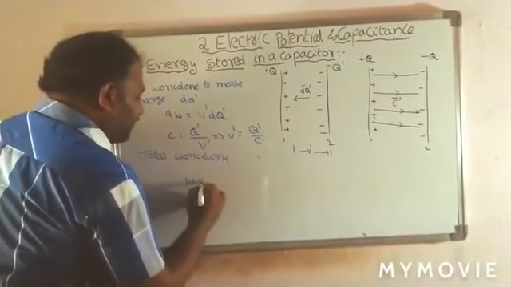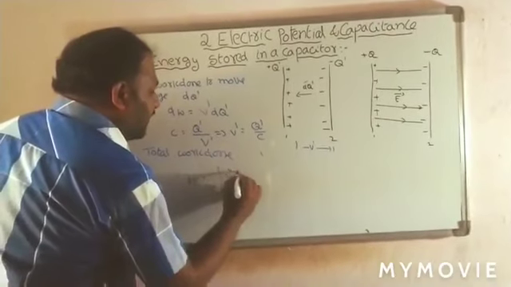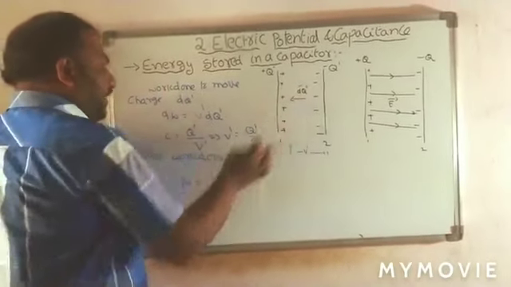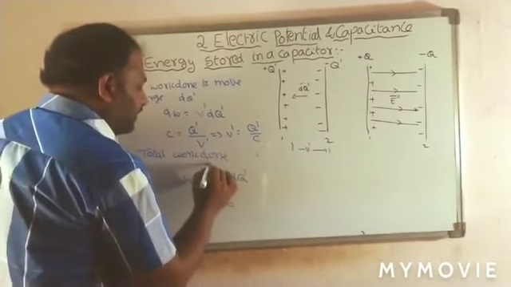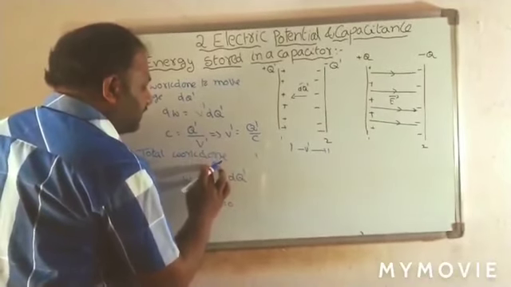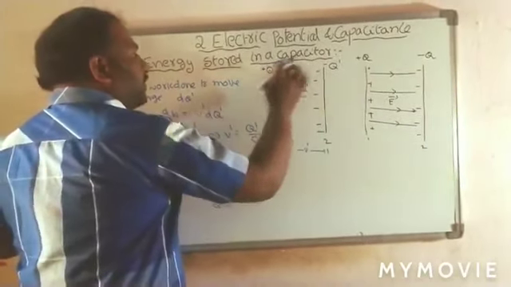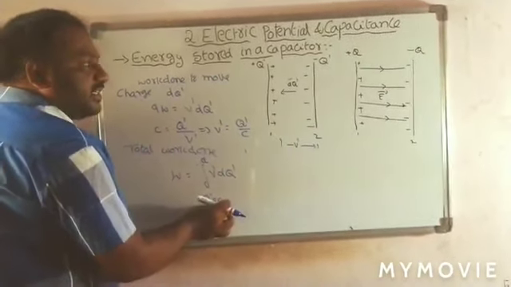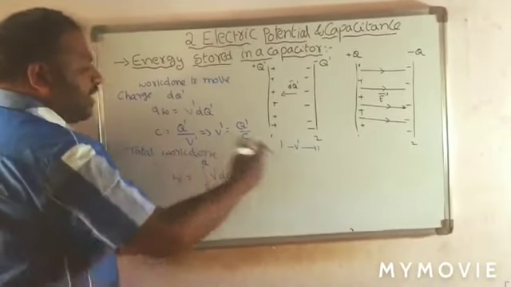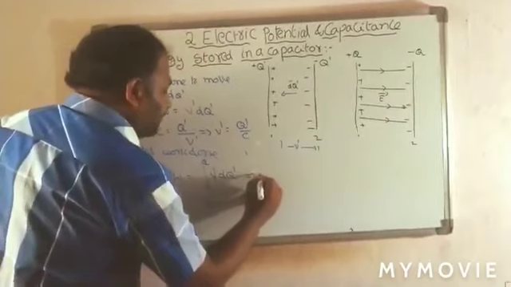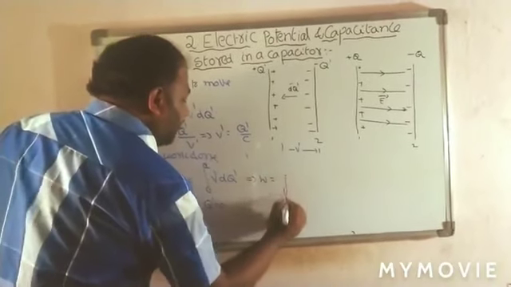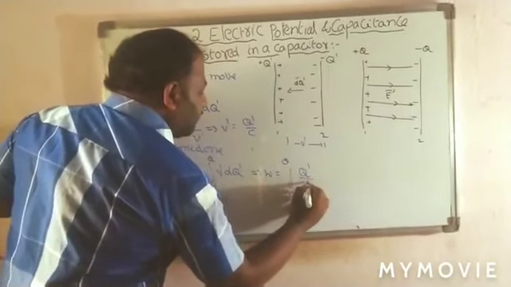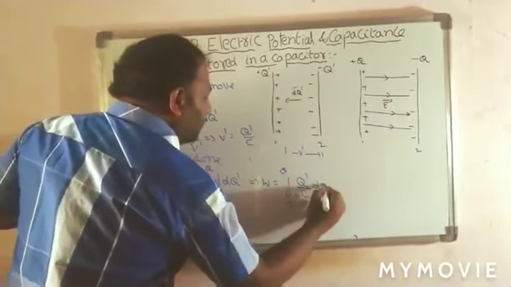The total work W is equal to the integral of V dash dq dash, where the limits are from initial Q dash equal to 0 to Q dash equal to Q. The charge changes from plus q dash to plus q, so we take limits from initial 0 charge up to the charge becoming q. That implies W is equal to the integral from 0 to q of V dash, and V dash is nothing but q dash by C, into dq dash.